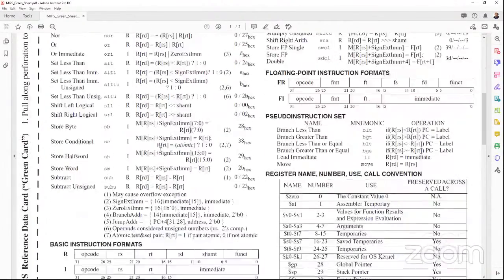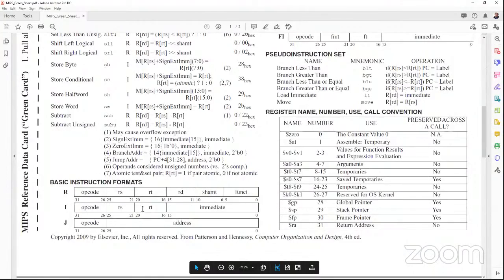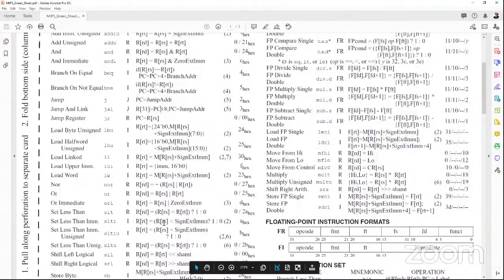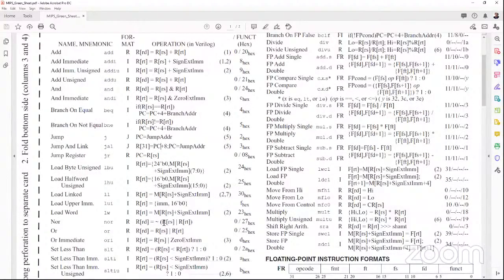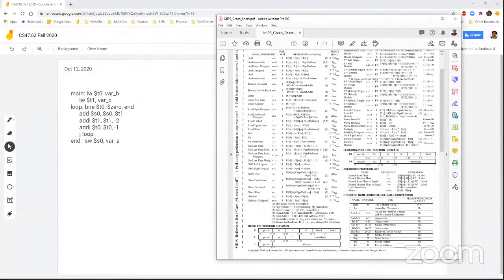That means your format is basically opcode, RS, RT, and then there is one more piece of information we need to see.